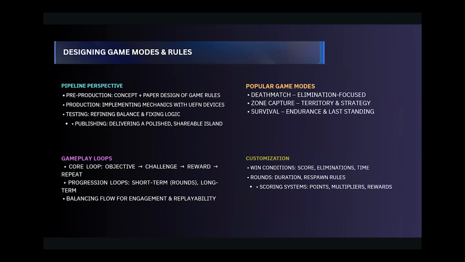The core game loop consists of objectives and challenges that we want to have in the game, and eventually rewarding the players. And how do we maintain that in a repetitive process? Ideally, we would want players to play the game on repeat. We want more players to engage. We want them to always keep playing. That's the main goal of creating a game.